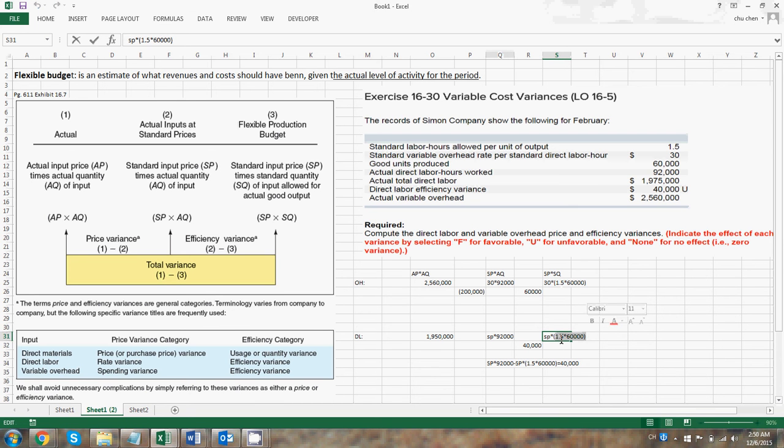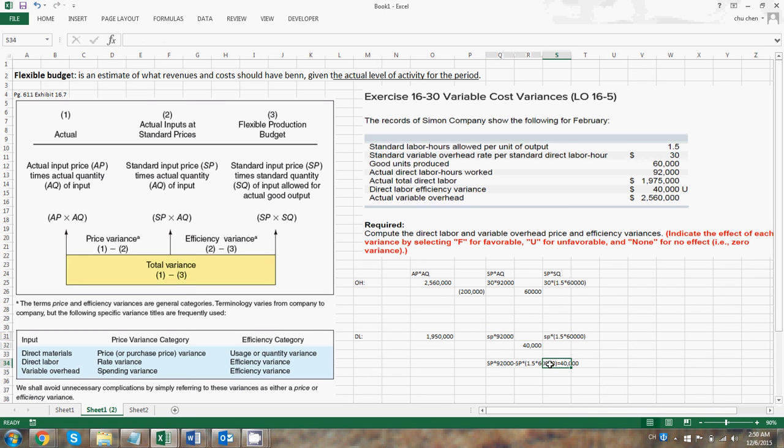However, we don't know the standard price for direct labor. One more thing we know is the direct labor efficiency variance is 40,000 unfavorable. That means the difference between these two numbers is going to be 40,000.